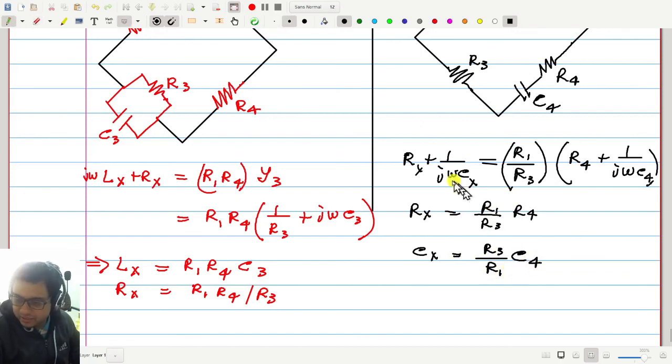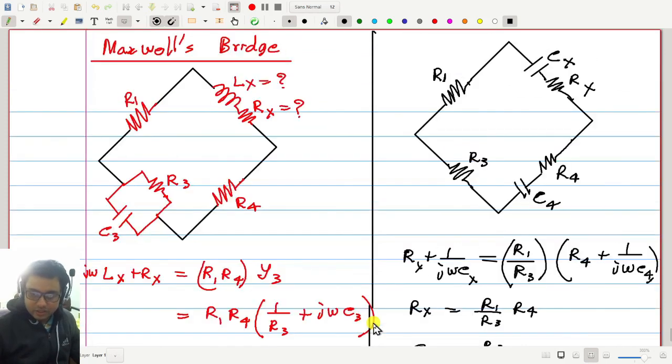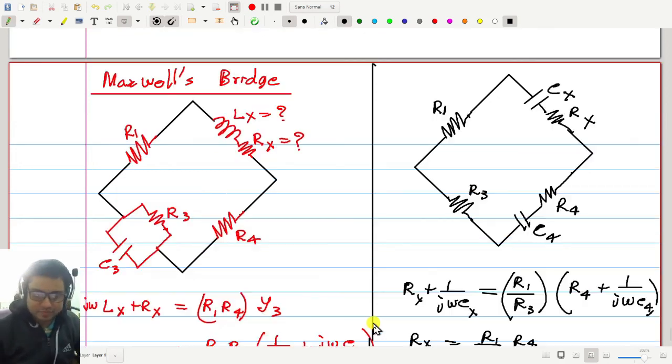Please check. But I'm done in just 2 lines. Sir, we could have also modeled an inductor in parallel with a resistor in place of Z4, right? Yes, possible.